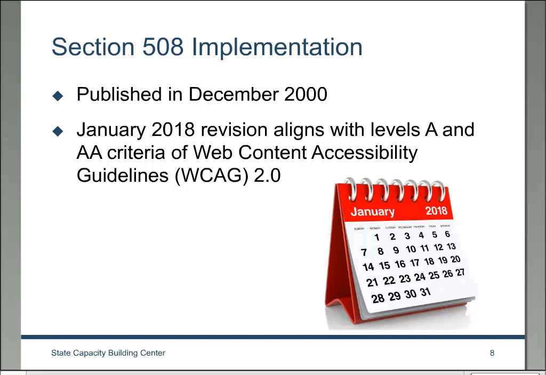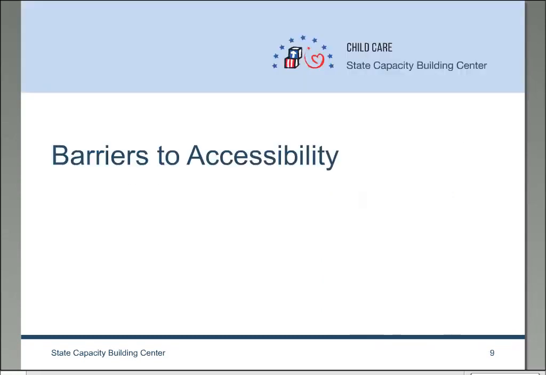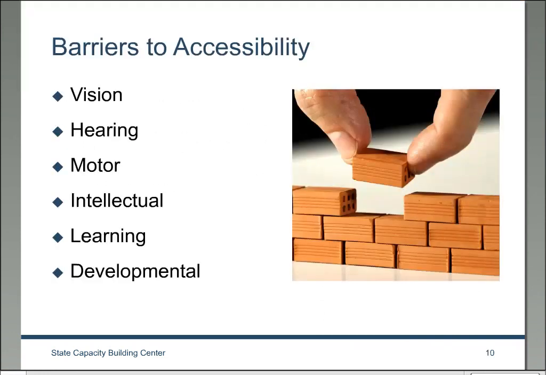But before we do that, I would like to talk a little bit about barriers to accessibility. What is it about disabilities and other abilities that makes us need to implement accessibility into our websites?